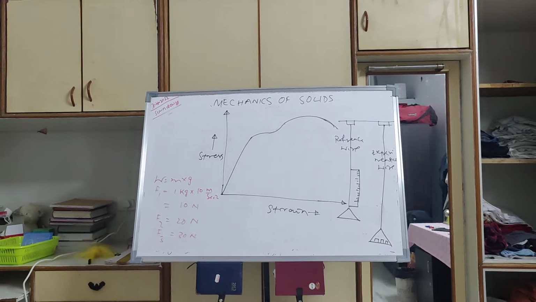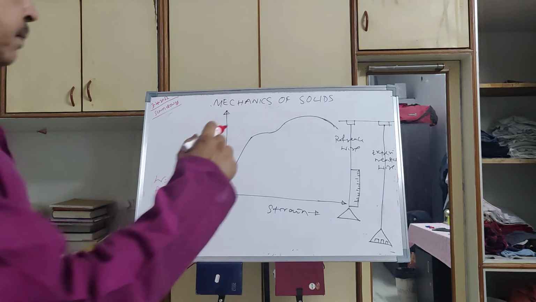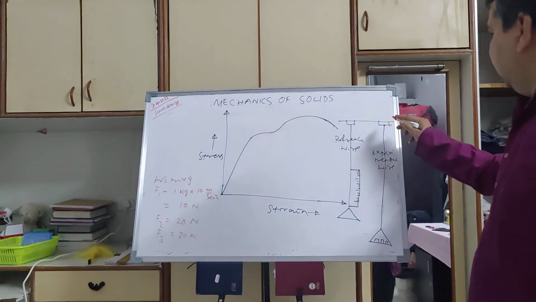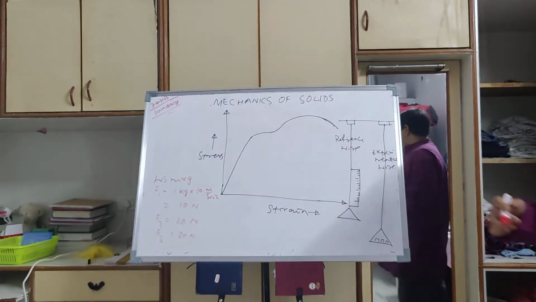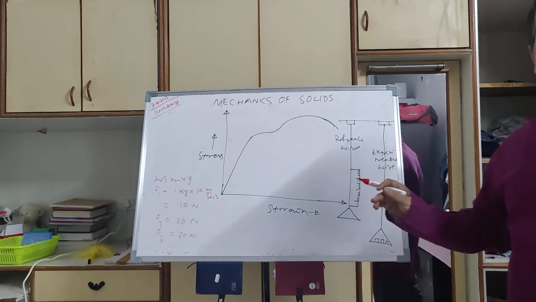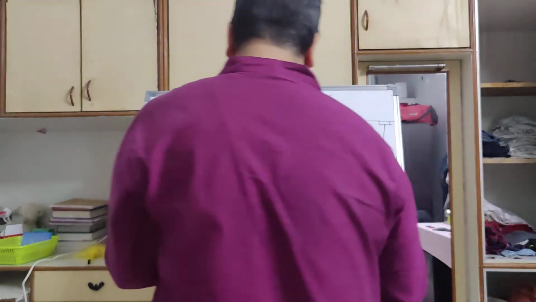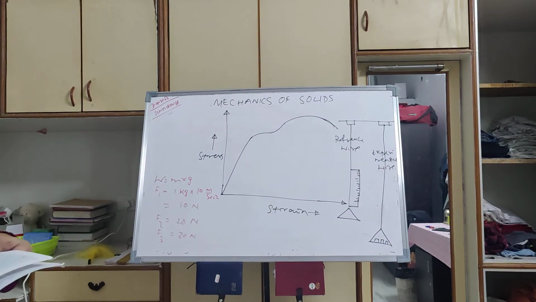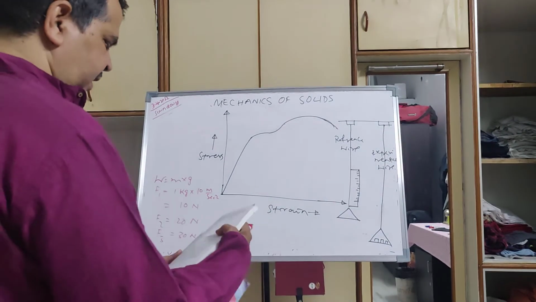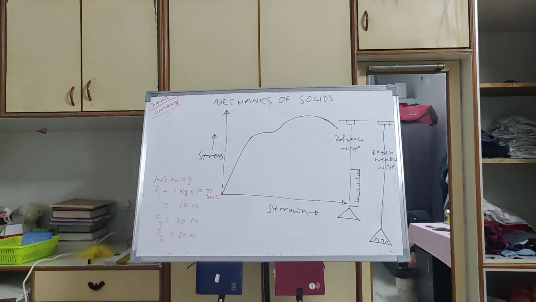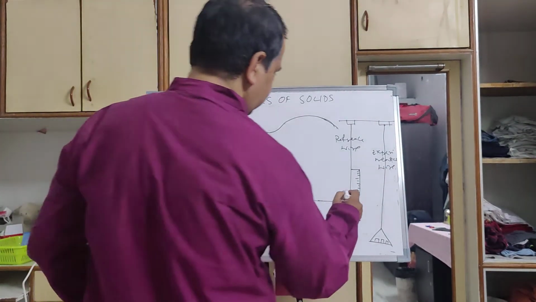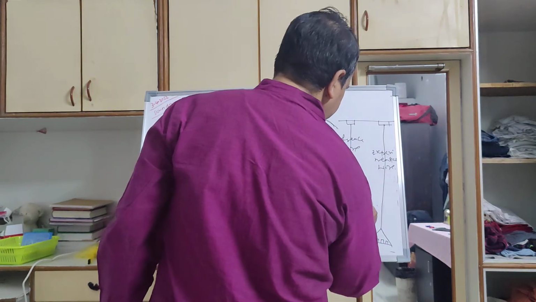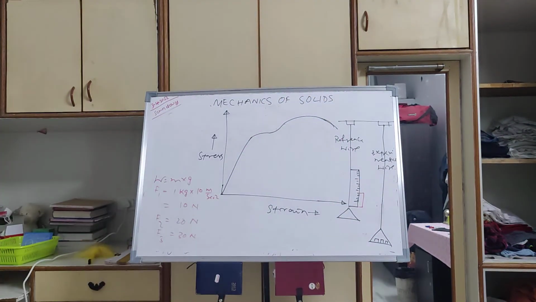If you keep on increasing the weight, this wire, let us say it is made of aluminum, will start deforming. How much it is deforming, you can measure by this reference scale.